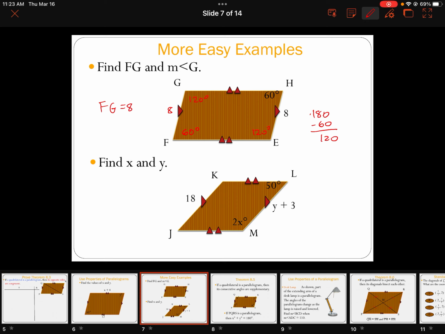Okay, so if you're going to write it out, distance from F to G is 8. Measure of angle G is 120. Example at the bottom there, that's also a parallelogram because of the markings, not because it looks like it. That right side has to be 18, so I'm going to say that y is 15.